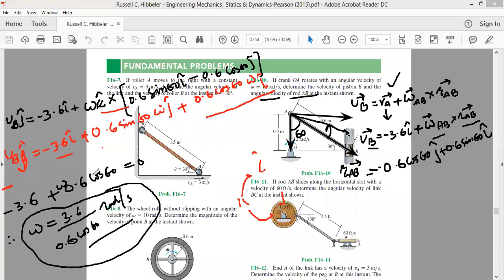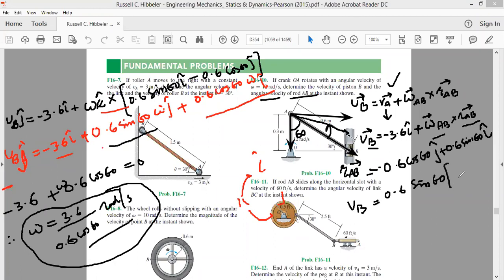Now we have to find the value of VB. As far as VB is concerned, we can easily find it now. VB is equal to, balancing the j components, 0.6 sine 60 multiplied by omega.